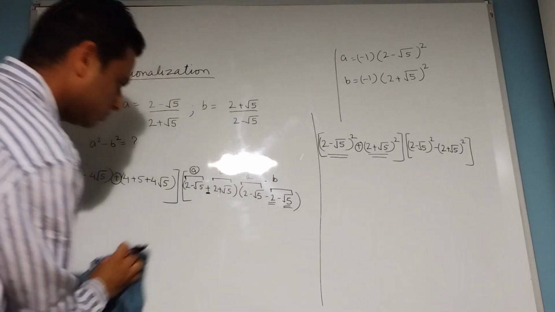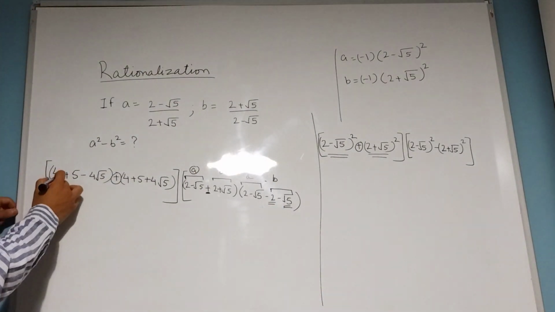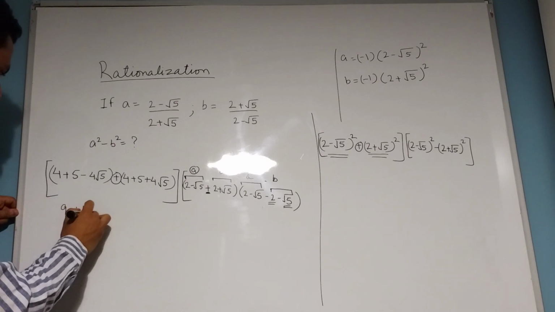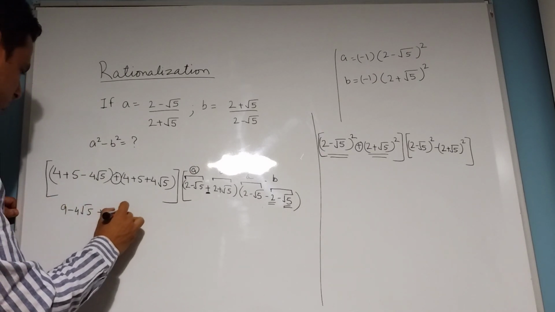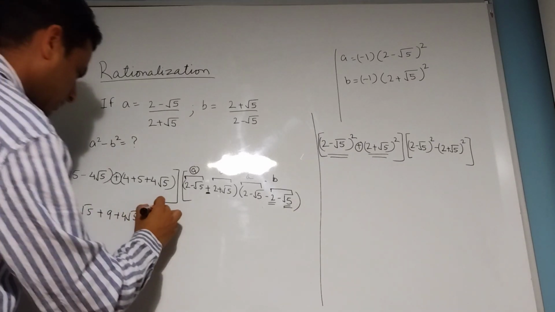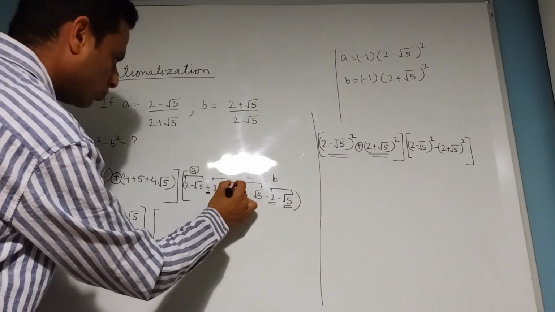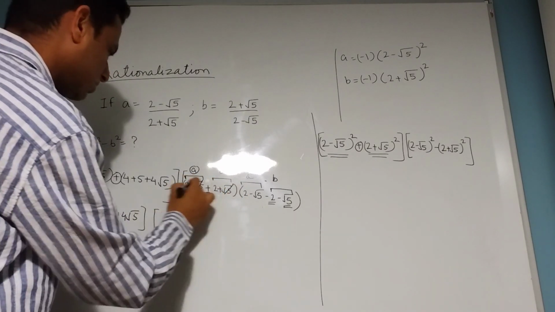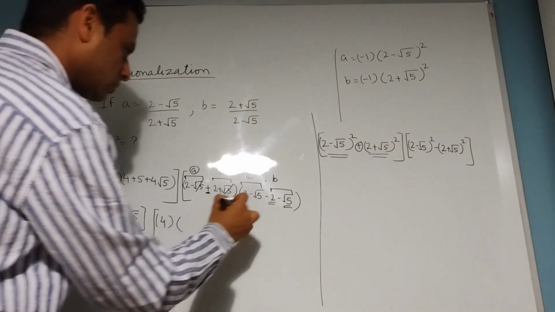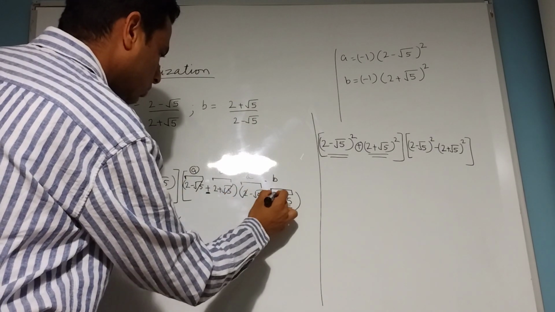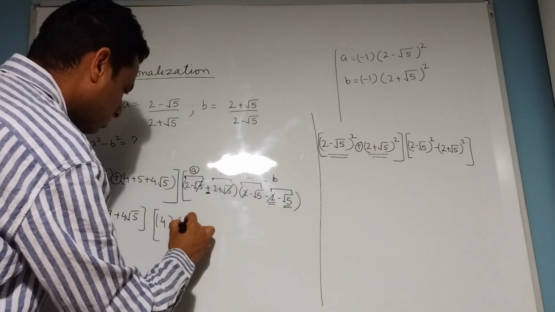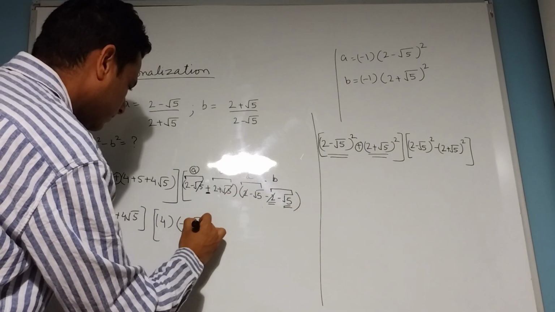So let's solve this now. This becomes 9 minus 4 root 5 plus 9 plus 4 root 5. Here root 5 minus root 5 gets cancelled. This becomes 4 times 2, and minus 2 and 2 gets cancelled. Minus root 5 minus root 5 is minus 2 root 5.